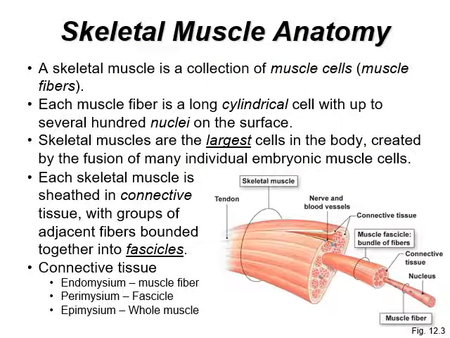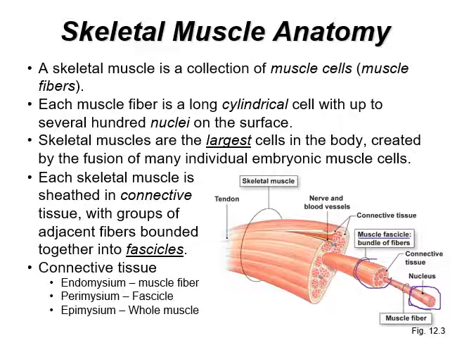Alright, so let's look at the basic anatomy of a skeletal muscle. Here is a whole skeletal muscle, and you can see it is arranged with a multitude of muscle fibers. So many muscle fibers are going to make up a whole muscle. Down here you have these individual muscle fibers, and these individual muscle fibers are bundled together in what we call a muscle fascicle.